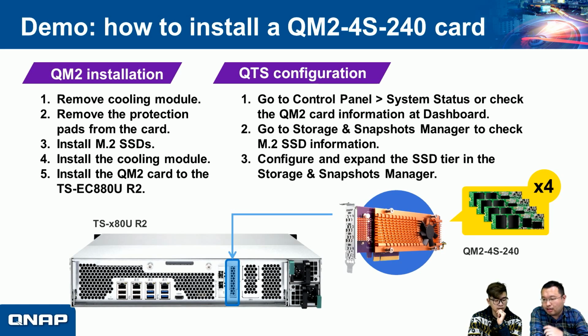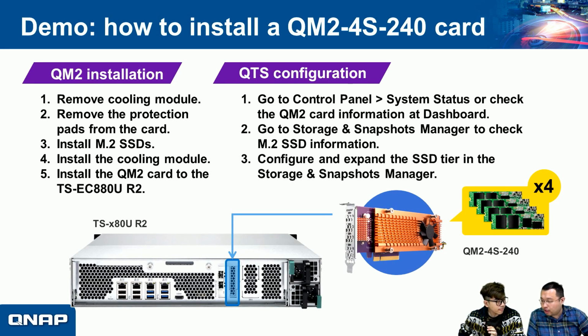Let's switch to the live scene here on the table. While we switch, I just want to know, if we are using a 4 SSD port card, is the QM2 card longer? Can every one of our NAS install the 4-port SSD card?